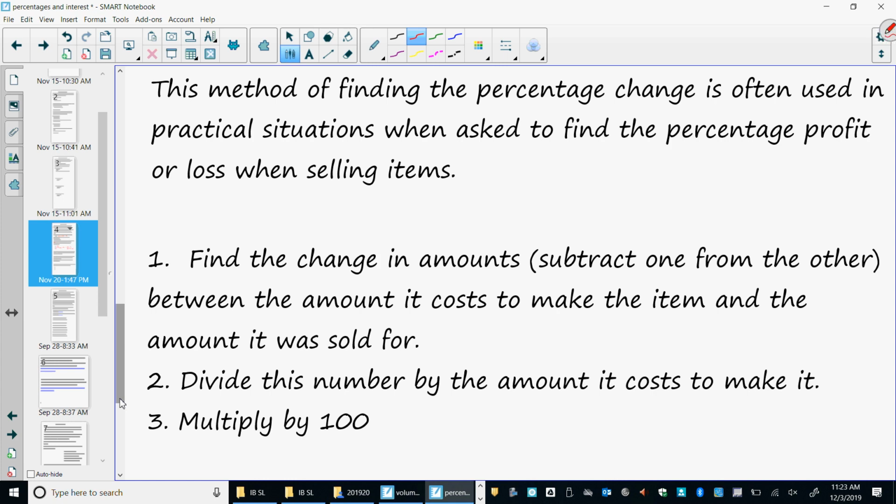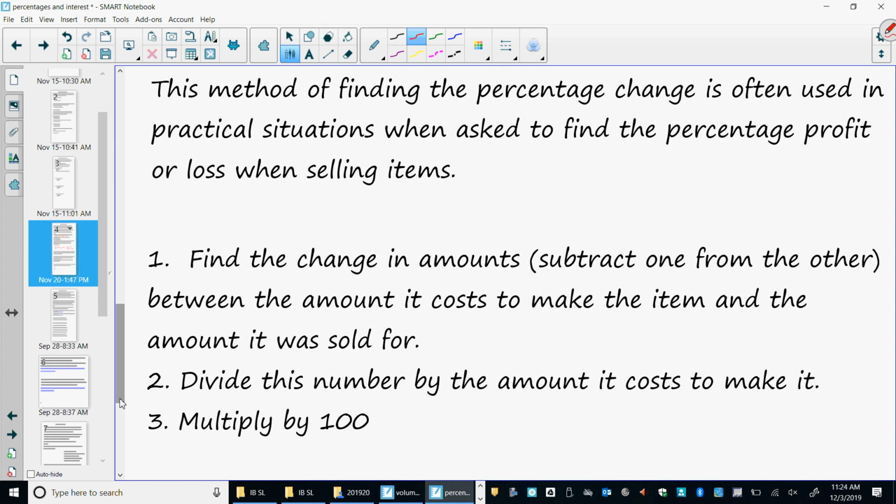percentage profit or loss. Okay, because obviously when you've bought something for one amount and you've sold it for another amount, you've got two amounts, yes? And so that's always going to be a percentage change calculation. So whilst it may be labelled separately in textbooks, the process is exactly the same as any percentage change.